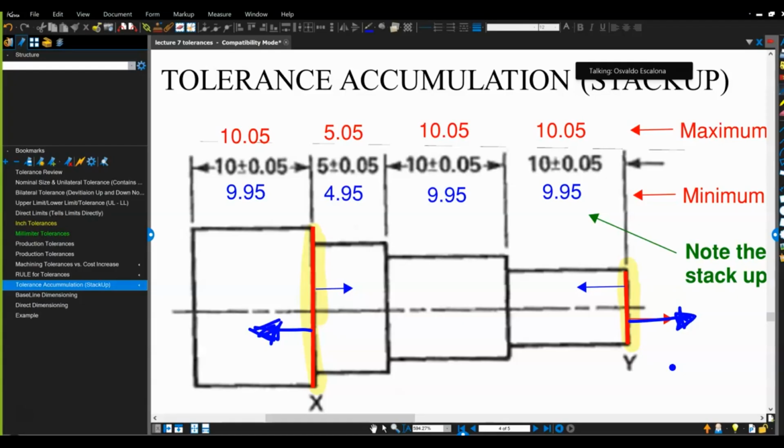That is what we call the stack-up, because you're accumulating tolerances. So your part keeps getting bigger every time you have a dimension, and you most likely don't want this.